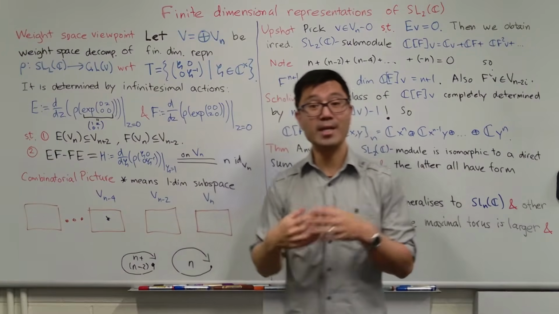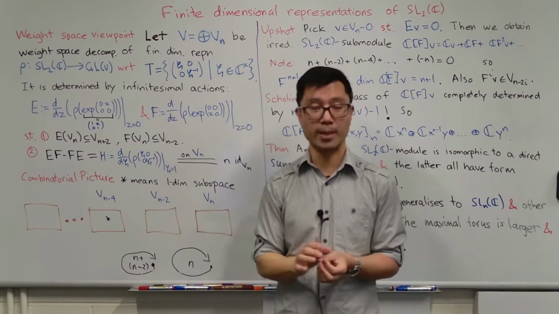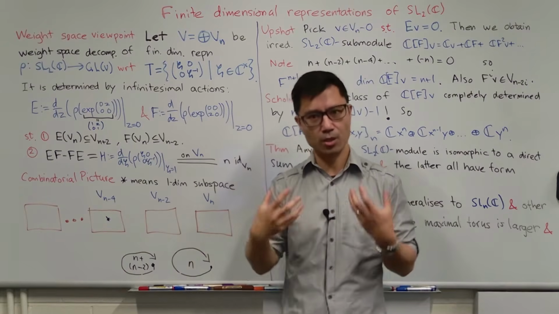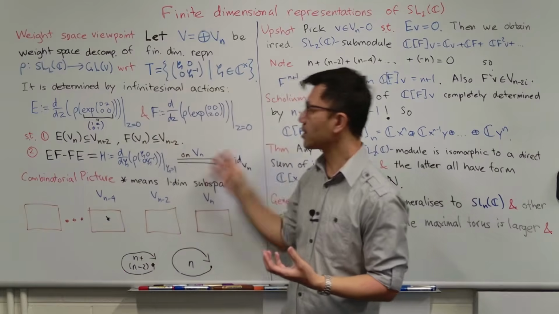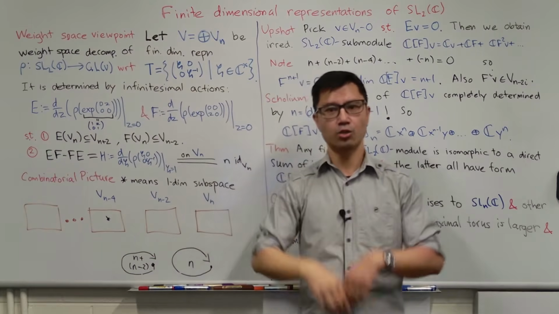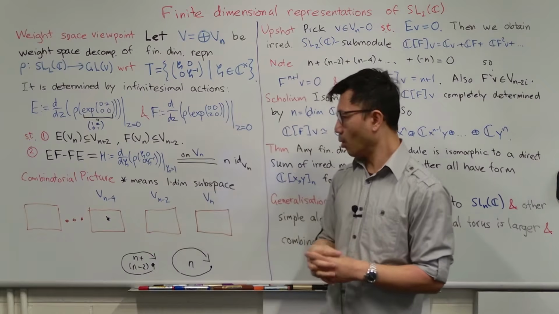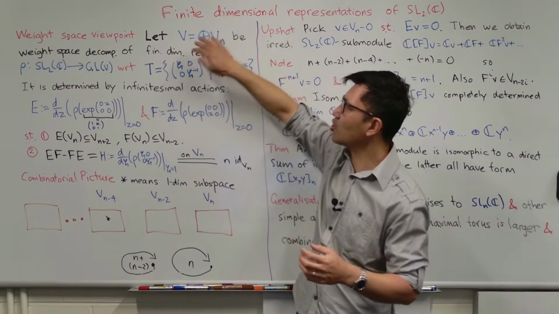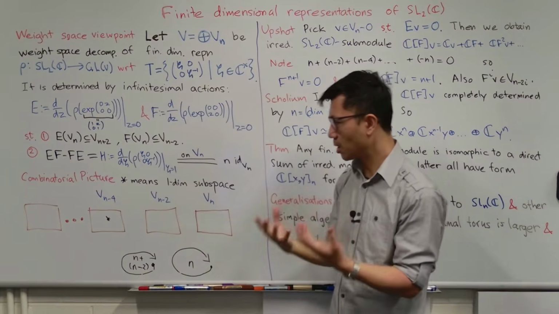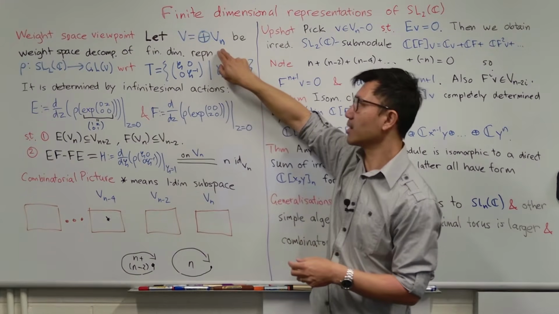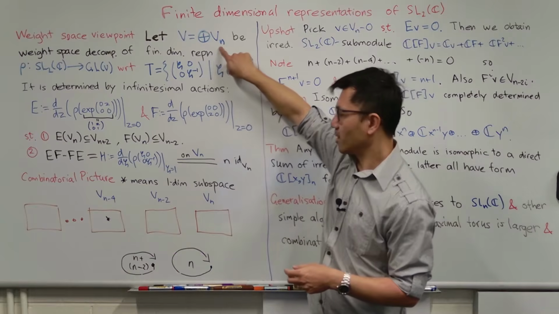Okay, so let me now introduce the combinatorial picture, which really shows you how the torus symmetry can be used to reduce the study of these representations to pure combinatorics. So what we're going to do is have some sort of visual picture of this V, which is combinatorial. We're just going to list basically these weight spaces.